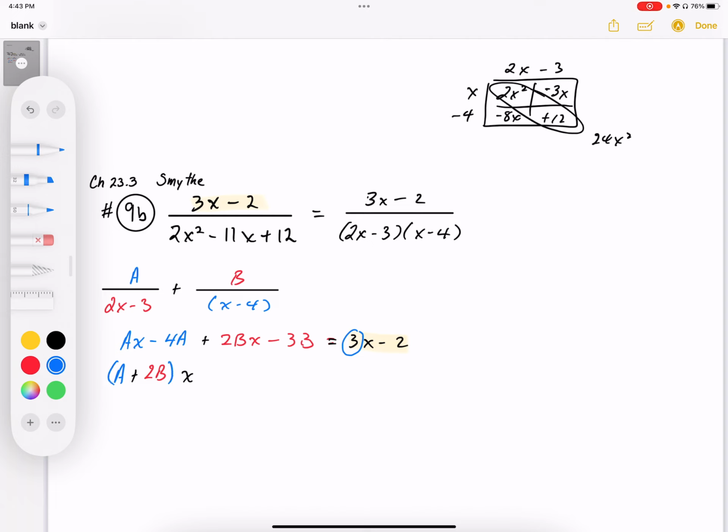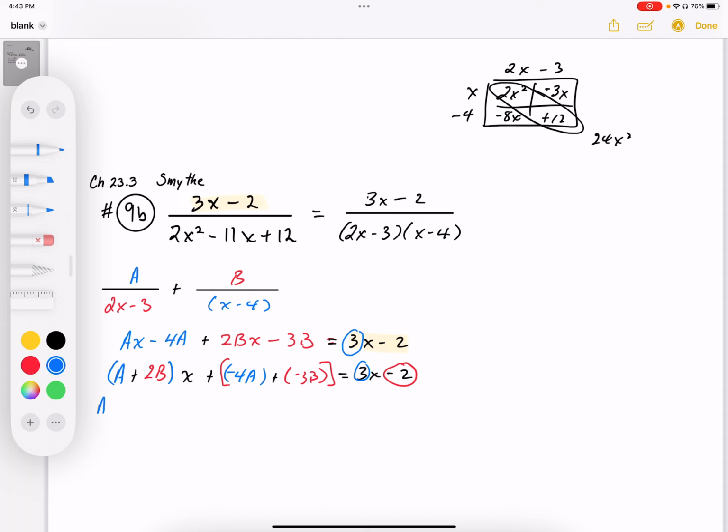Those are going to match, plus negative 4A plus negative 3B. Just make sure we keep track of our signs here. That's going to be equal to the 3x minus 2. So I've already grouped the 3, and then this portion here, we'll group with the negative 2. So that's how we're going to set up our equations.